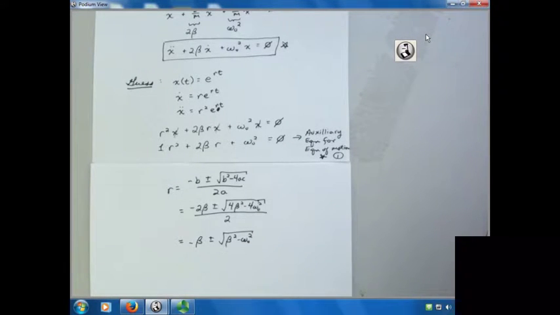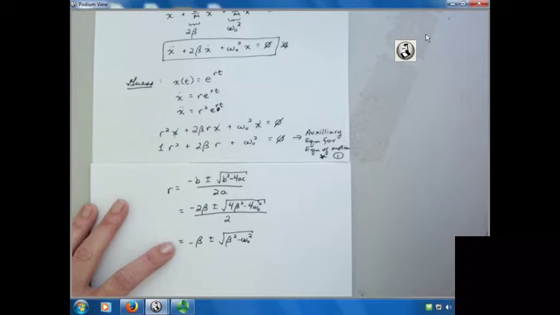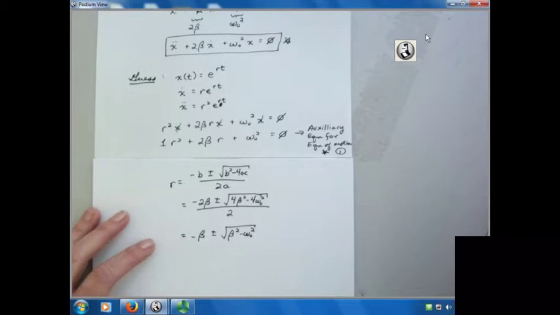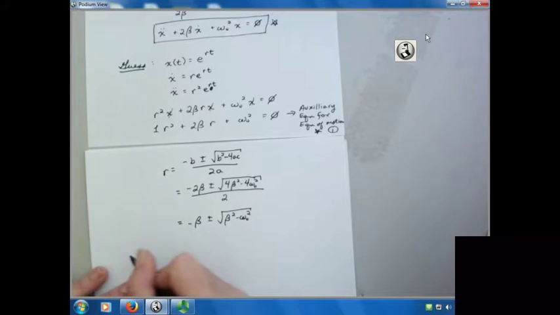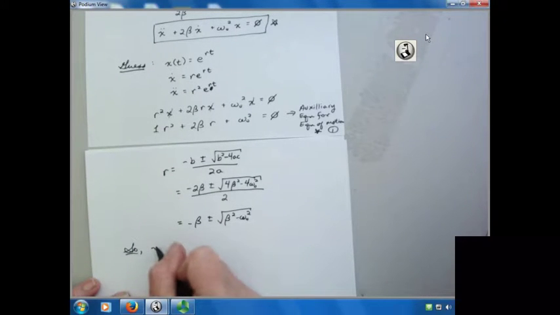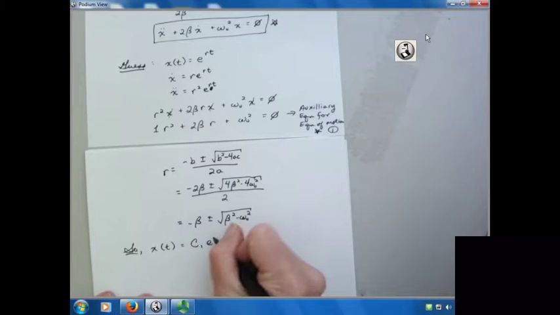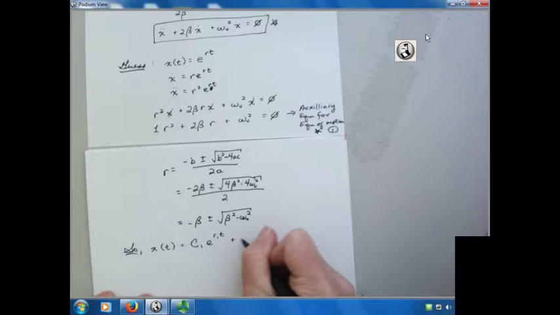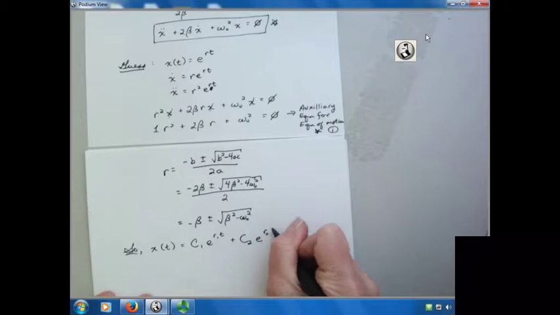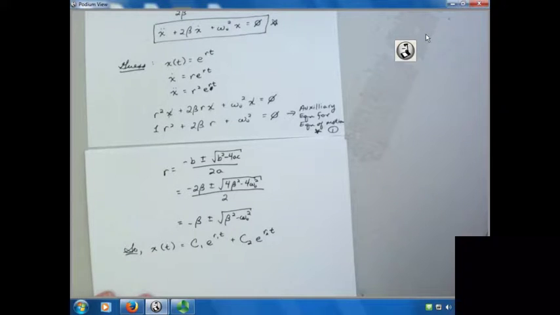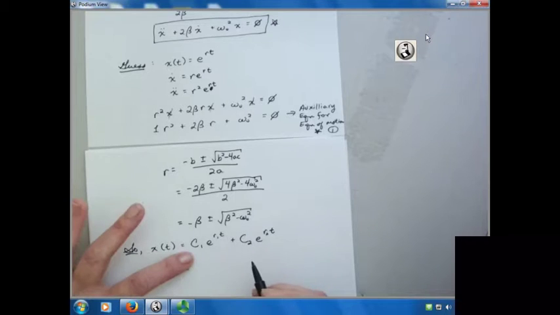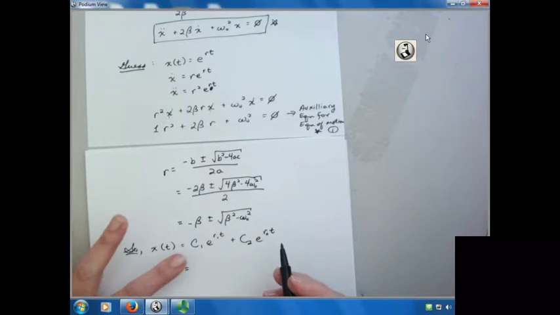So it turns out that my guess actually works, but I have 2 possible values for r. So my actual solution is going to be a linear combination of those 2: C1 e to the r1t plus C2 e to the r2t. And I can go ahead and make my substitutions here.